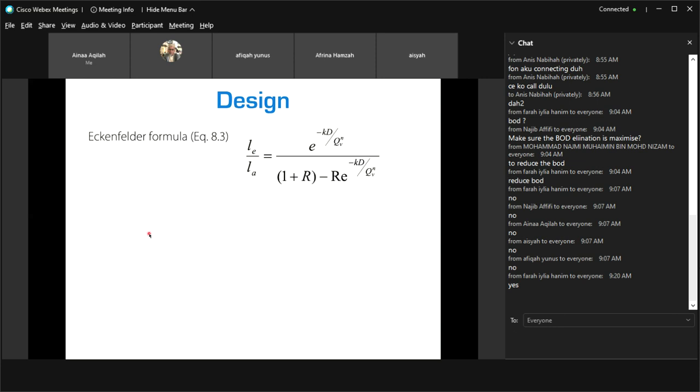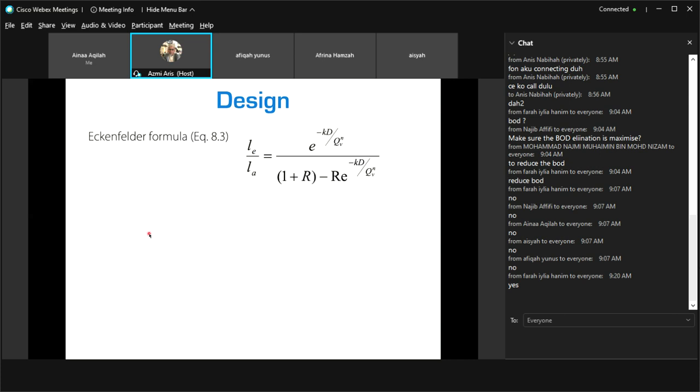And then we have this Eckenfelder formula for the design. So this equation is by Eckenfelder. So what happened actually in the United States, they have lots of trickling filters, but there was no proper design equation being used for the design of trickling filters at that time.